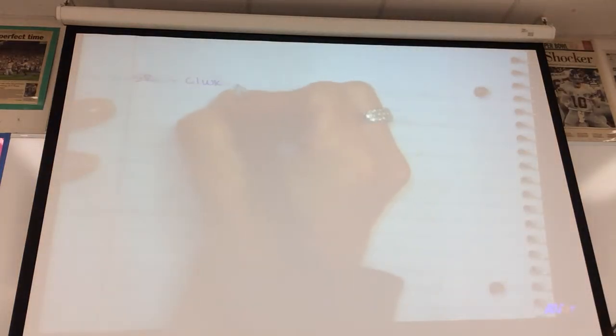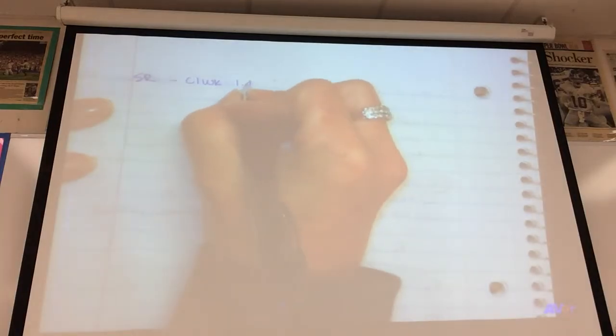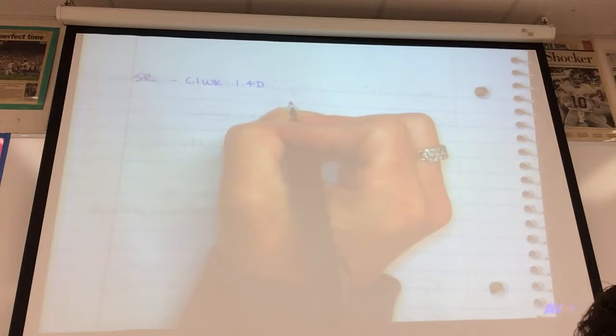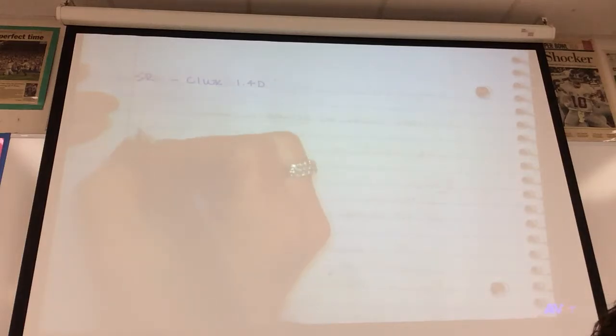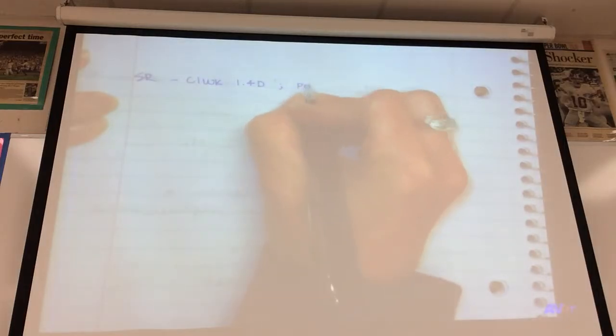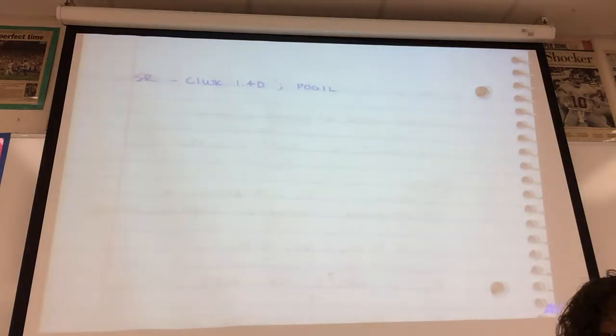With the single replacement, classwork 1.4 is a whole big packet. The D portion has several problems. We can work through a few of them together now. Also, the POGIL packet I gave you has some good insight with single replacement, and you'll have time to work on that as well.